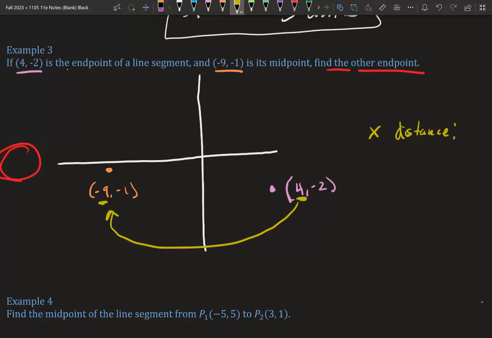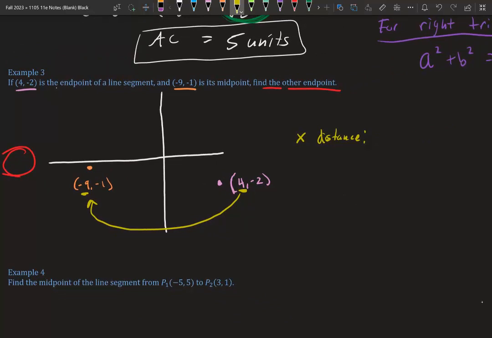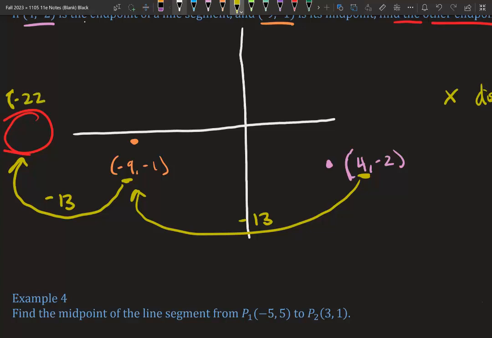That's 13 in the negative direction. So to get from 4 to -9, we minus 13. That means we do the same. So if this is minus 13, that means from here to here is going to be minus 13. So -9 minus 13, we get -22. That's our x.